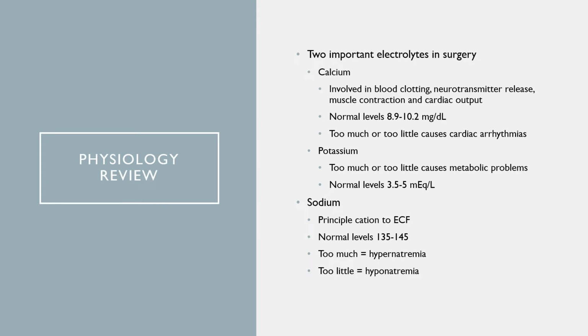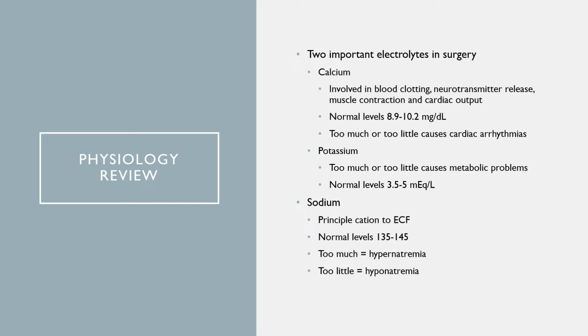Too much is hypercalcemia, too little, hypocalcemia. And we have potassium, which we've talked about quite a bit. We know too much is hyperkalemia, too little is hypokalemia, and too much or too little can cause metabolic problems. And as we've said a few times before, the normal levels of potassium are 3.5 to 5.